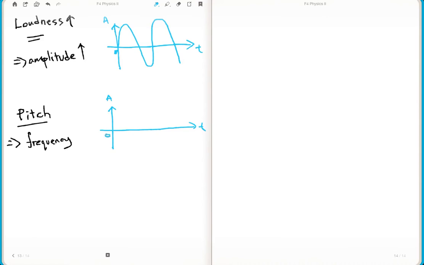Over the same time you could have low frequency, but you can also have very low amplitude but high frequency. Over the same time, you have many waves. So this is what it meant.